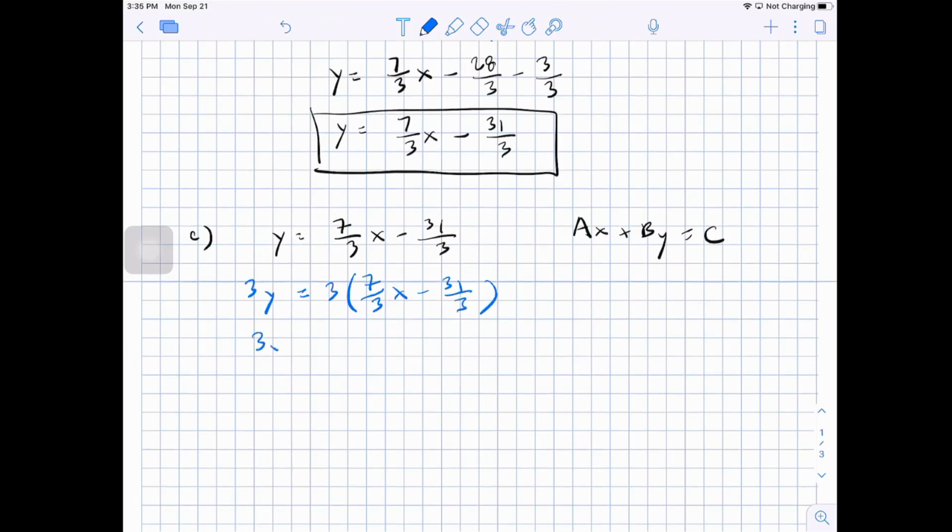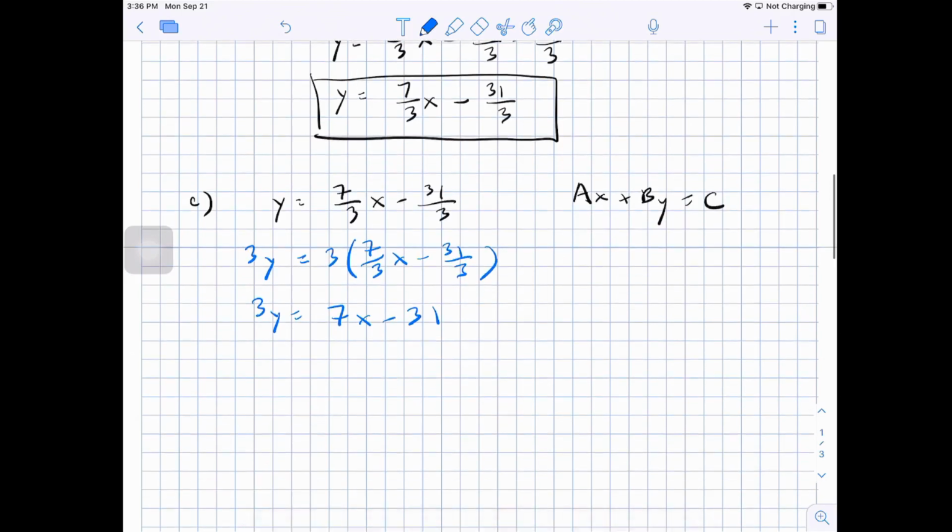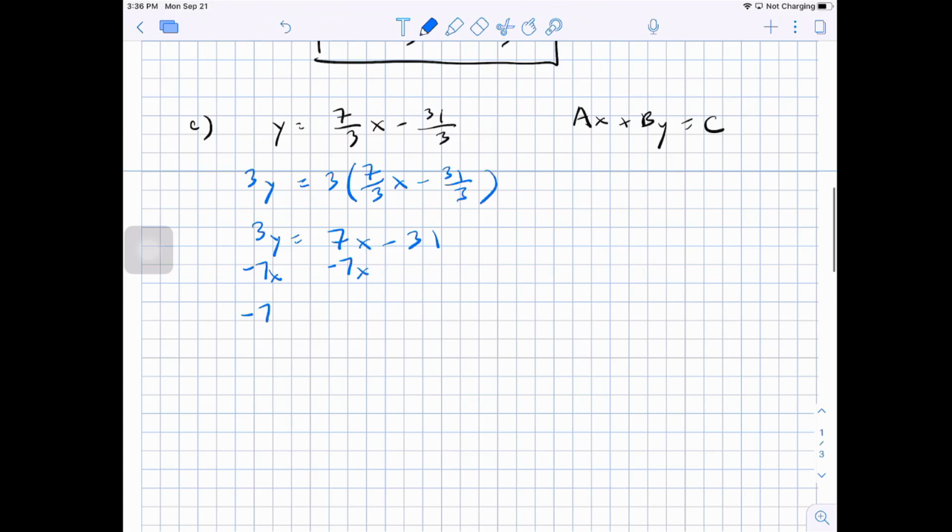Okay, so 3y is equal to 7x minus 31. Okay, we're not quite there. Let's go ahead and move the x to the other side to get it into this form over here. So we will subtract 7x from both sides, and we are left with minus 7x plus 3y equals negative 31. Okay, we're almost done.